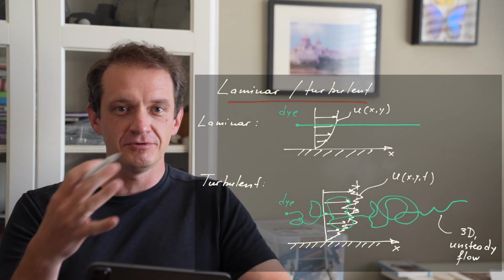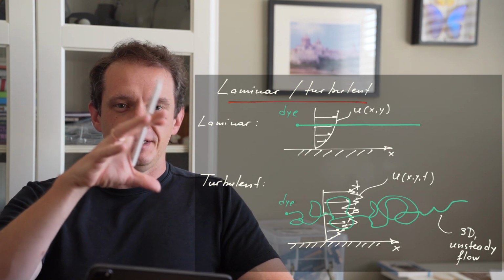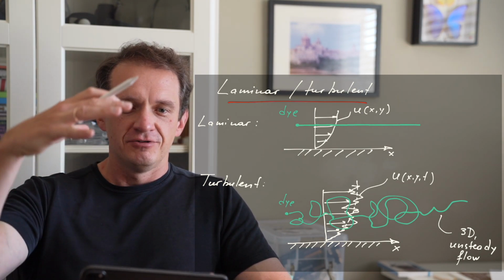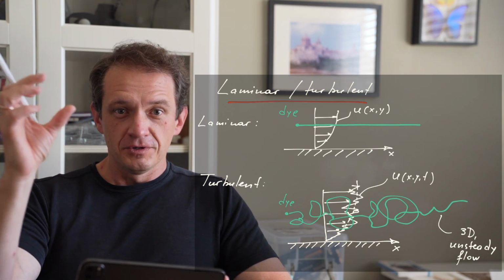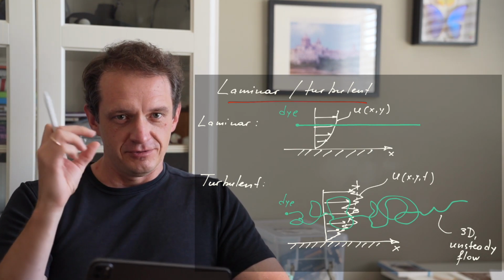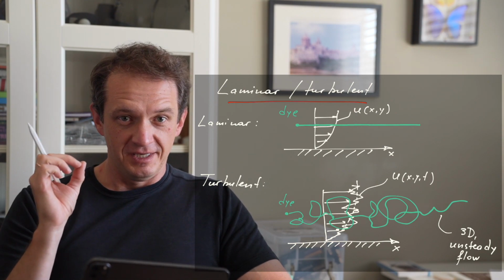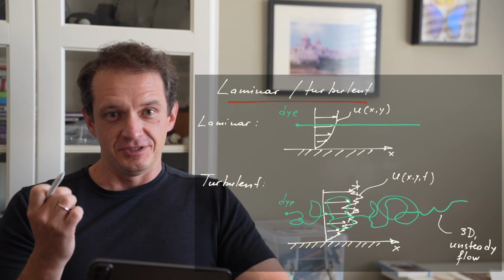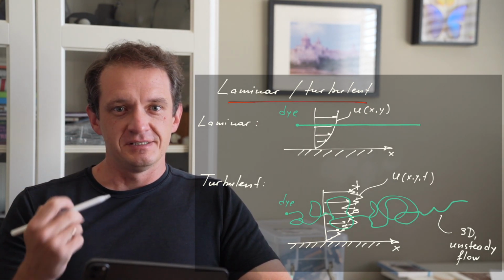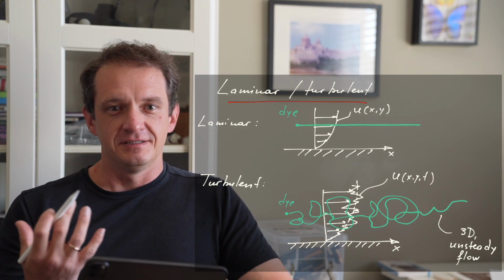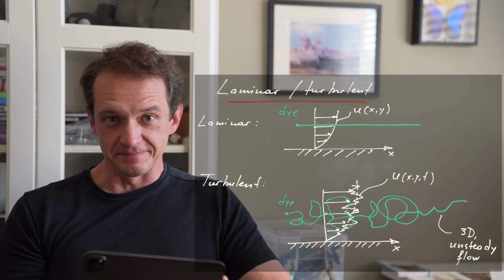In the case of the boundary layer, for example, the eddies range from the size of the boundary layer thickness itself all the way to the microscale, the so-called Kolmogorov microscales, where the viscous dissipation happens, where the kinetic energy of the flow is dissipated as heat due to friction or viscosity.